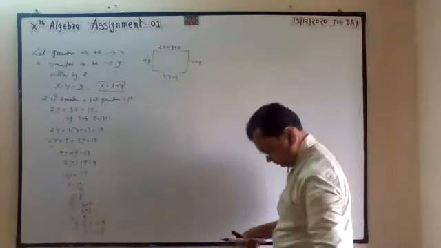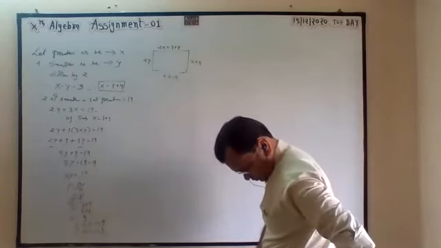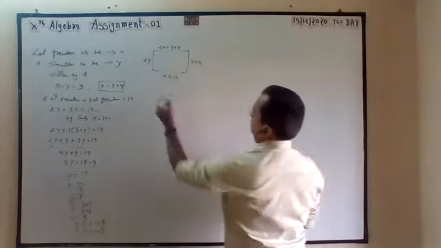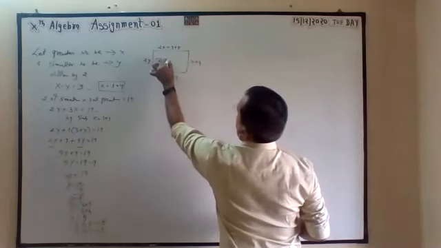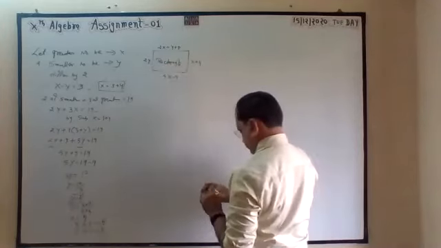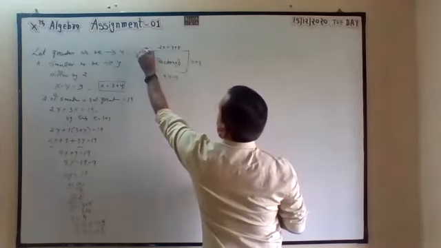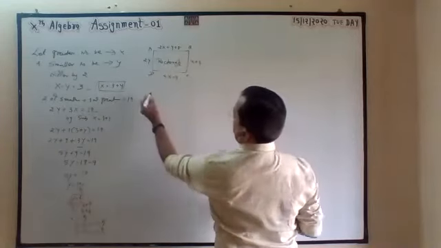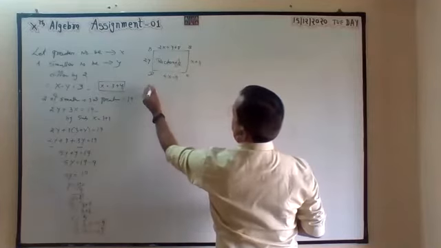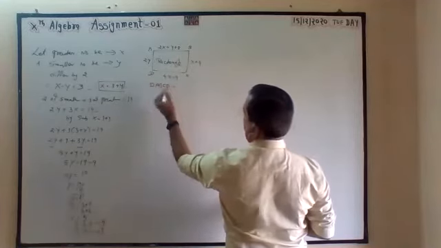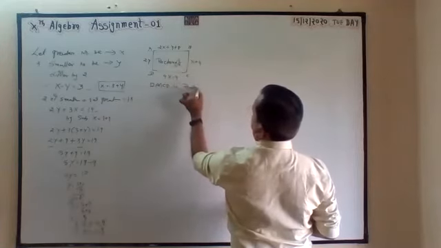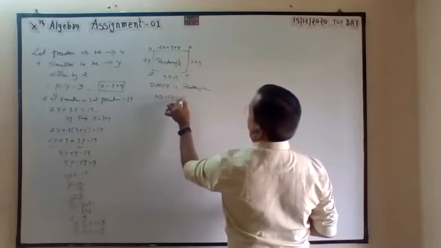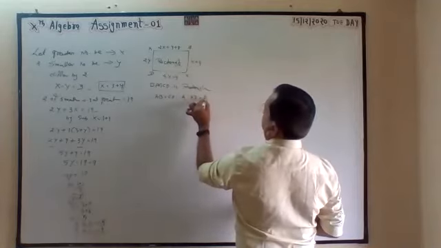So, rectangle ABCD. Given that ABCD is a rectangle, therefore AB is equal to CD and AD is equal to BC.